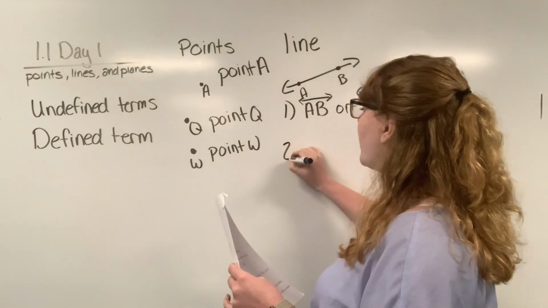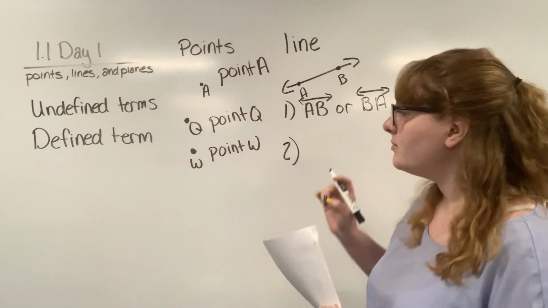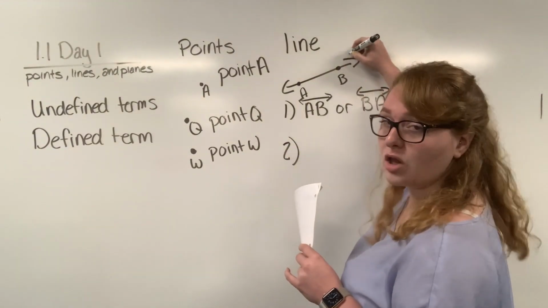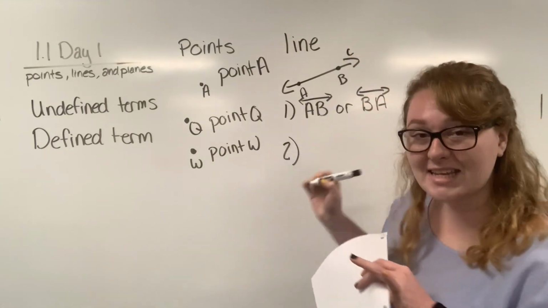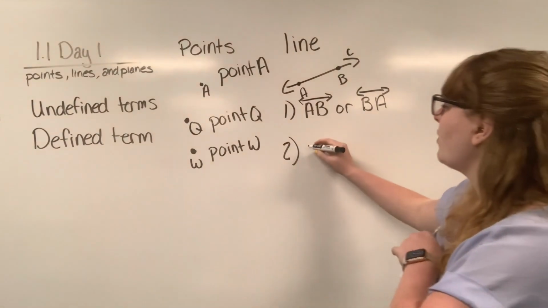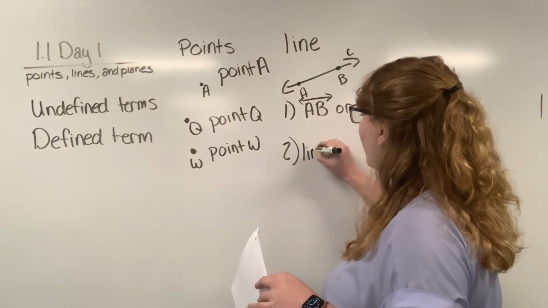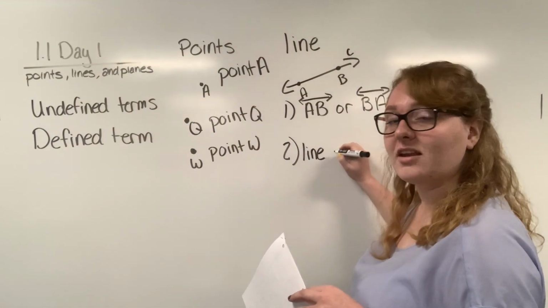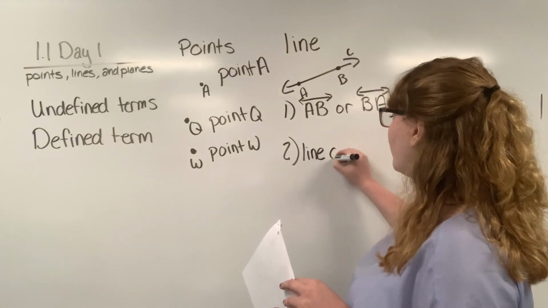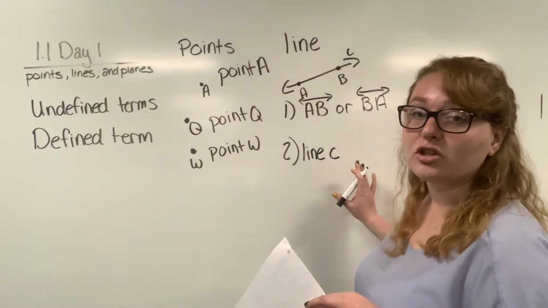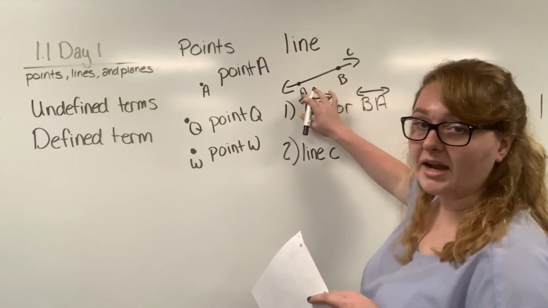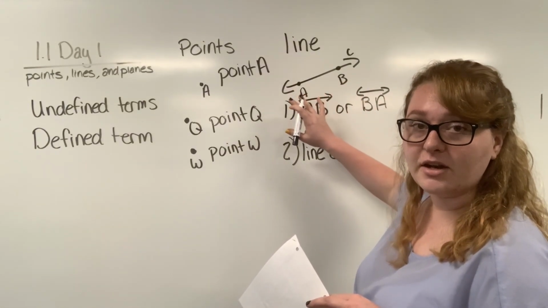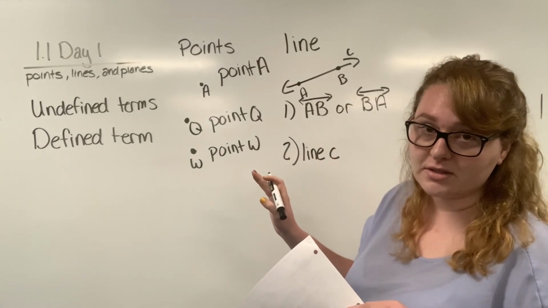The second way that we can name this line is if there is a small lowercase letter next to the line, like a little c, you can write the word line, and then next to that, you use that little letter, c. These are lowercase letters. You cannot say line B or line A because those are uppercase letters that are actually points.